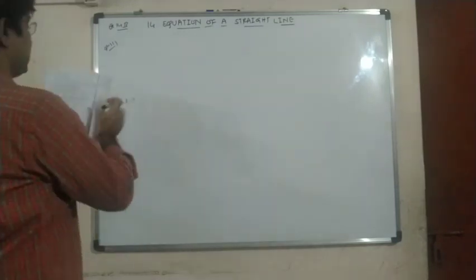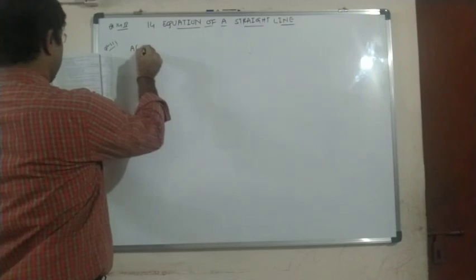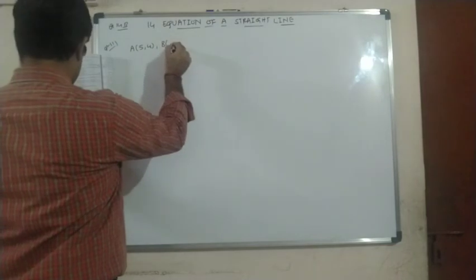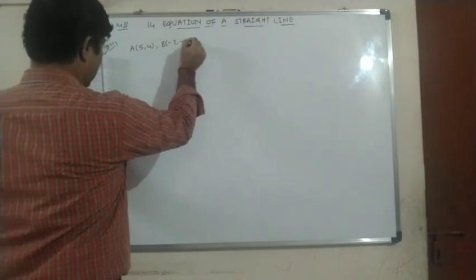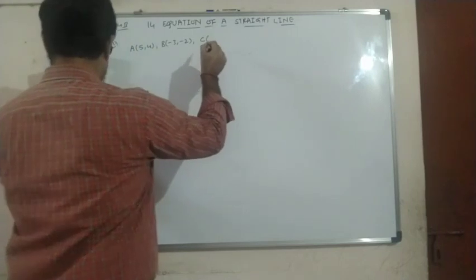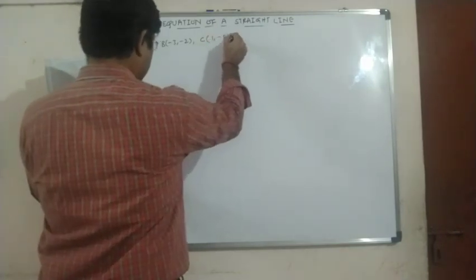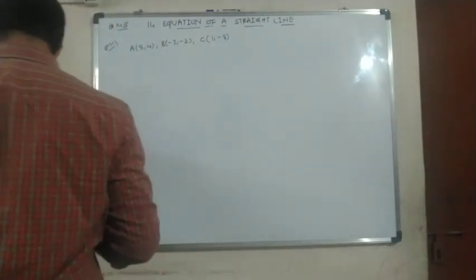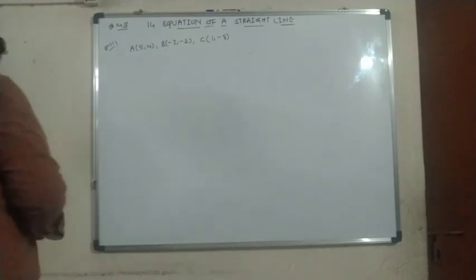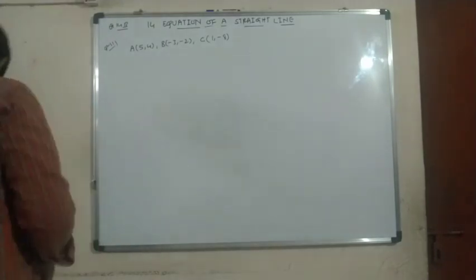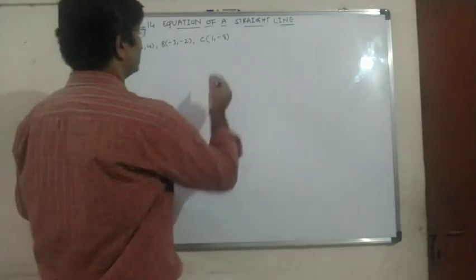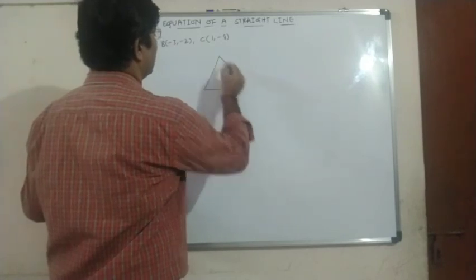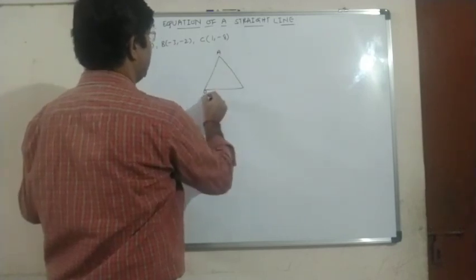We are given the coordinates of the vertices of triangle ABC. A is (5, 4). Point B has coordinates (-3, -2), and C has coordinates (1, -8). Okay, we have to find the slope of median AD and the slope of altitude BM. Okay, let us draw triangle ABC.